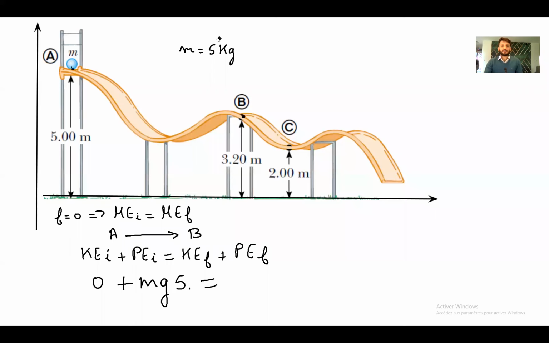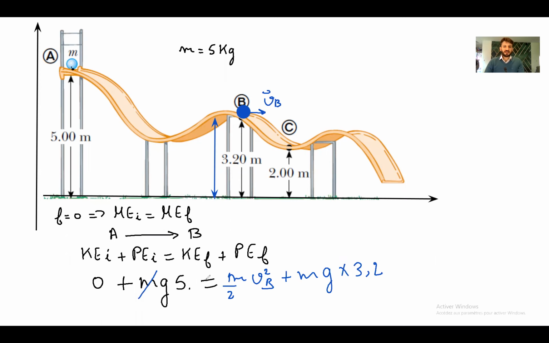Okay, final state. In the final state, the object will be at the point B. We have to find the speed. At the final state, we have velocity VB. So we have a kinetic energy equals one half m VB square. And at this point, we have 3.2 meter height, so we have mg times 3.2 meter.